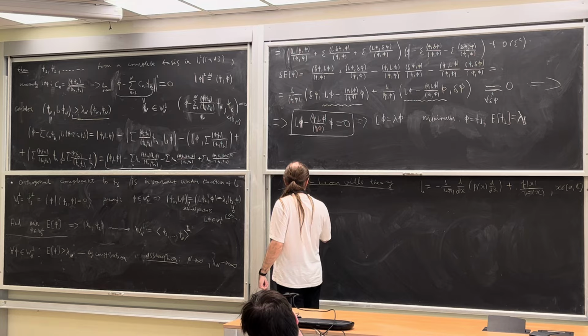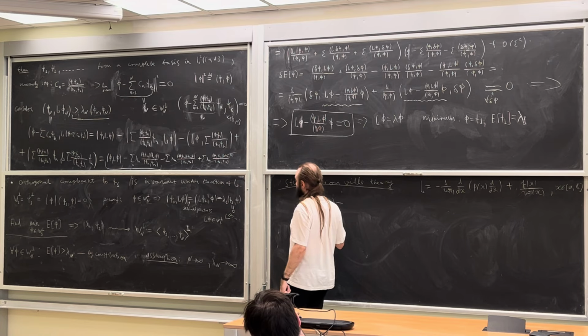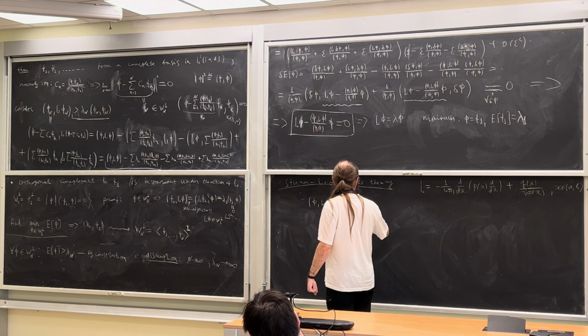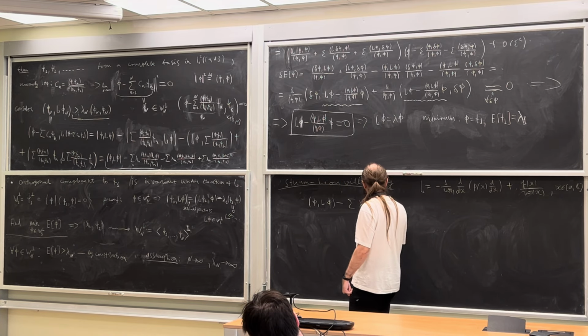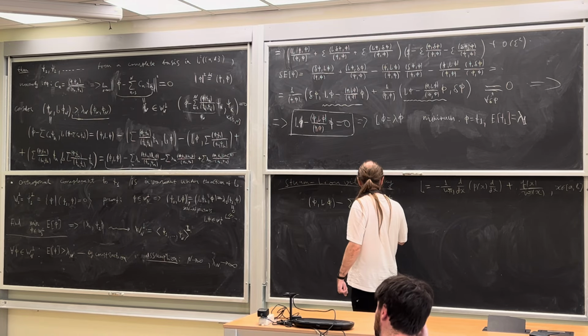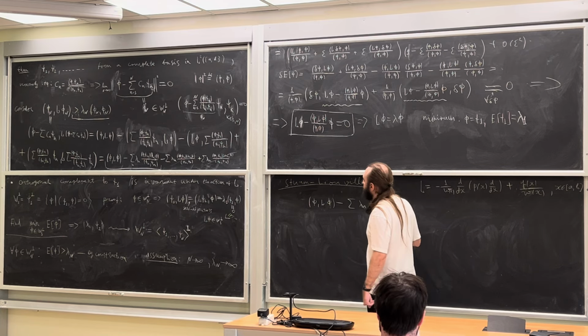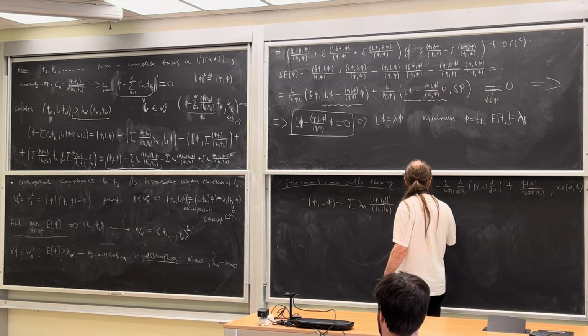We know that phi minus the sum is greater than lambda n times phi n phi n.